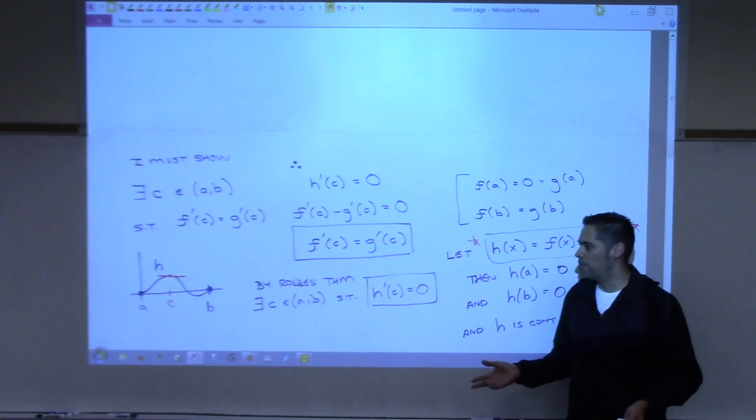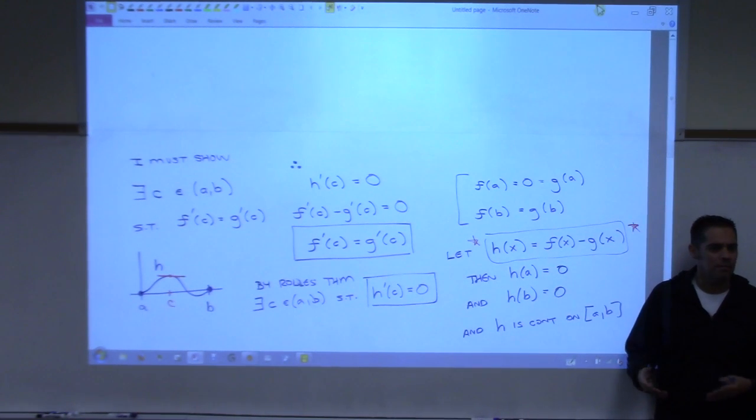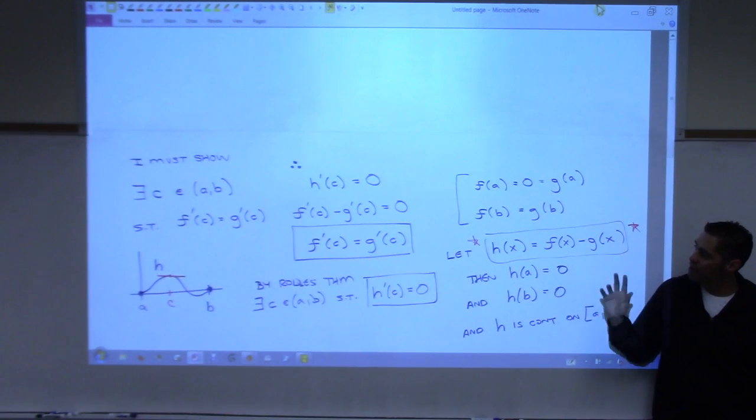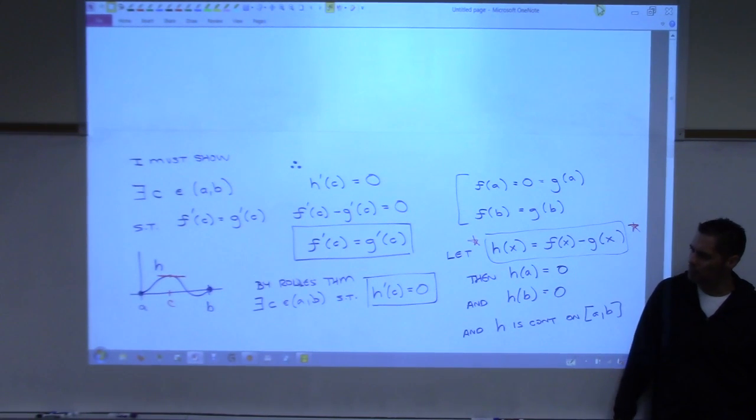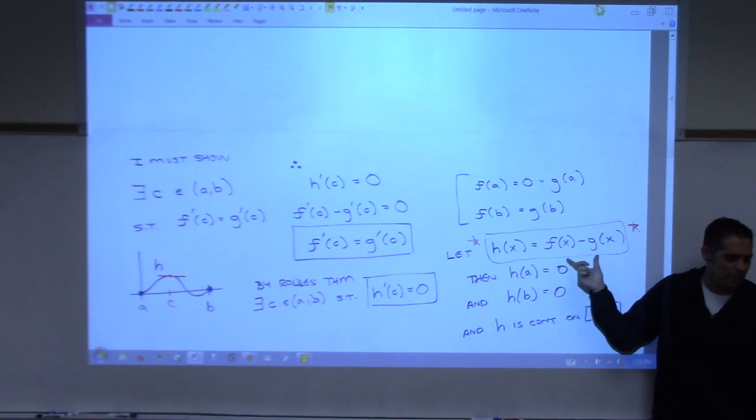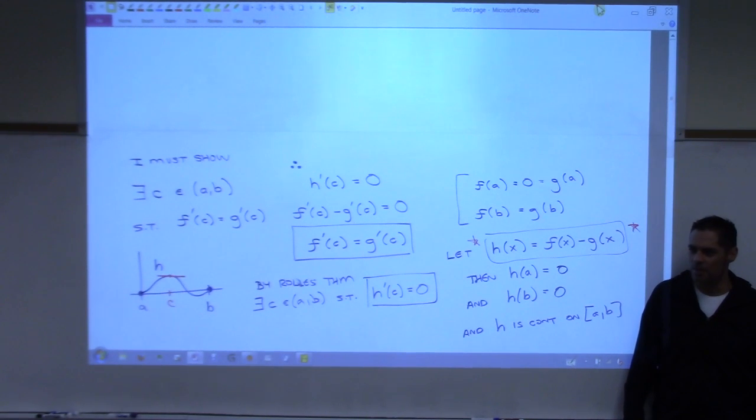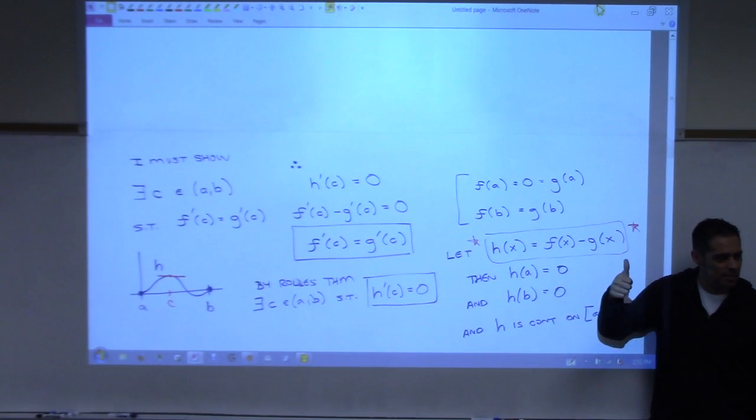Show that there exists a point somewhere in there where the derivatives are the same. And so I had to come up with that on my own at some point. And I remember this is one of the first problems I did where I was like, whoa. After I figured it out, I was like, gosh, this is going to be tough. How do you figure this stuff out? So yes, the answer is yes.